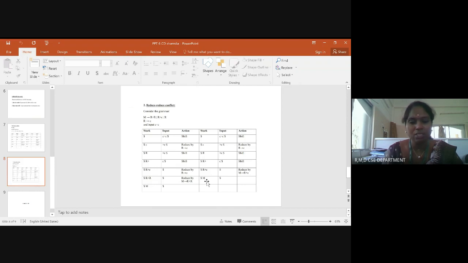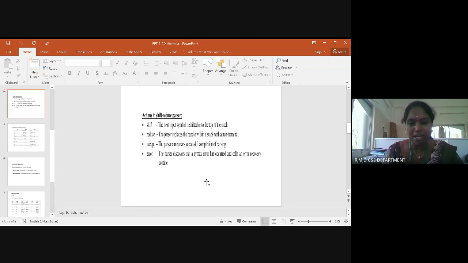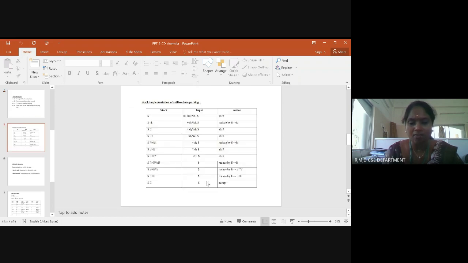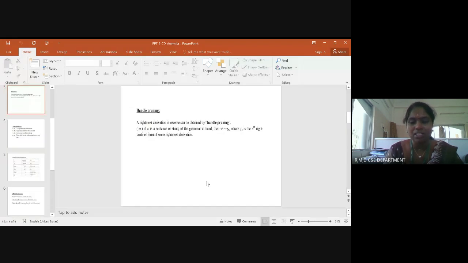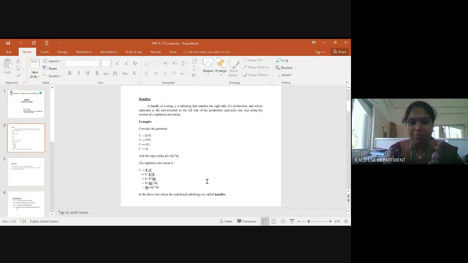In today's video lecture, we have seen what handle pruning is, what the four actions of the shift reduce parser are, and what the conflicts are: two types, shift reduce conflict and reduce conflict. To conclude: a handle is finding the non-terminal on the left-hand side of the production that represents one step along the reverse of a rightmost derivation.